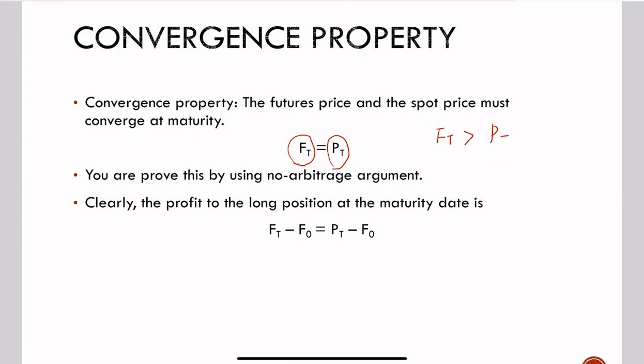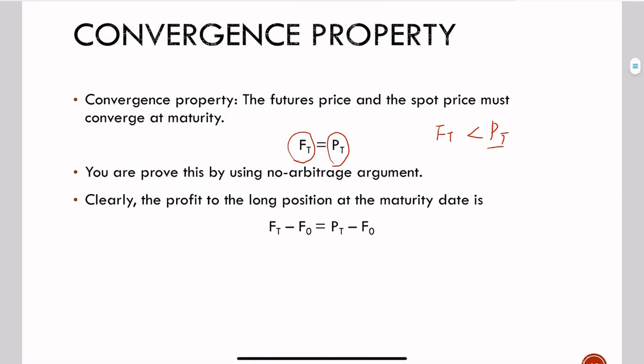And you can also see that if the opposite happens, so if the futures price is smaller than the market price, then you will take a long position and receive delivery of this commodity. Then you could sell at this higher market price, so you will get a positive profit, right? In a world without arbitrage, these things cannot happen. So FT has to be the same as PT.